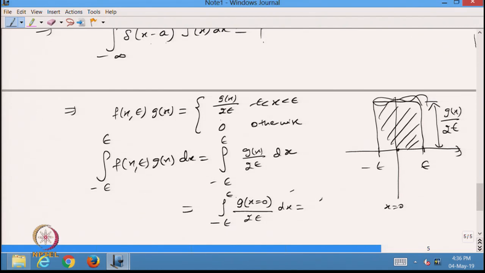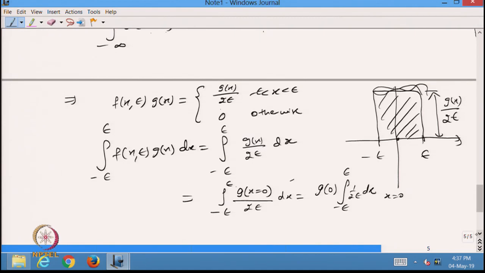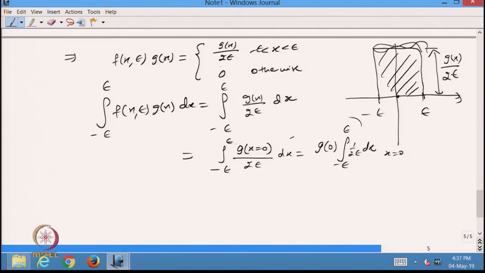From here, the integral from minus epsilon to epsilon of 1 over 2 epsilon dx is something I already know is equal to 1. So, I can say that this will be equal to g of 0. So, the integral of f(x, epsilon) g(x) dx will be this value.